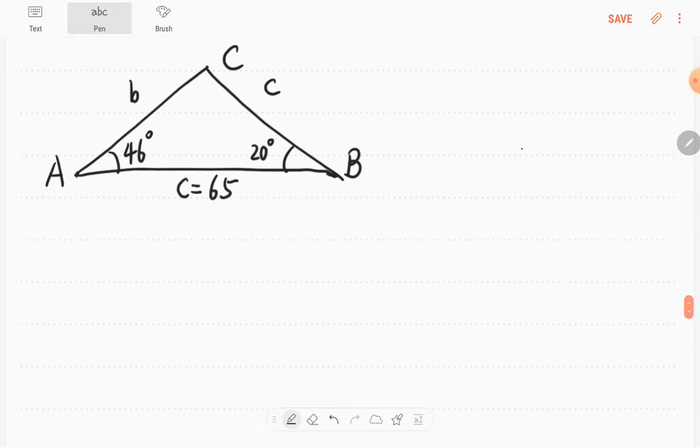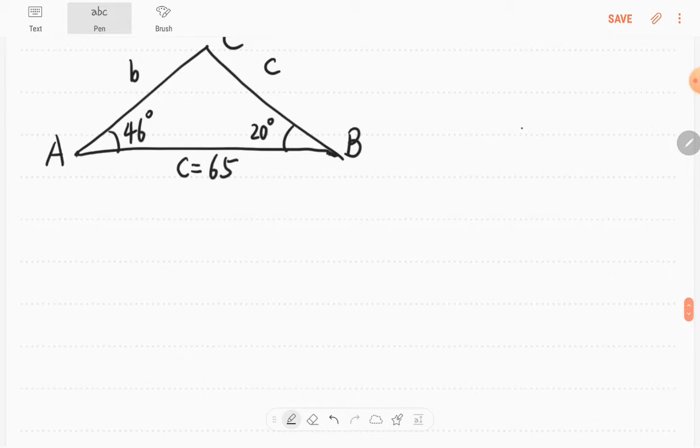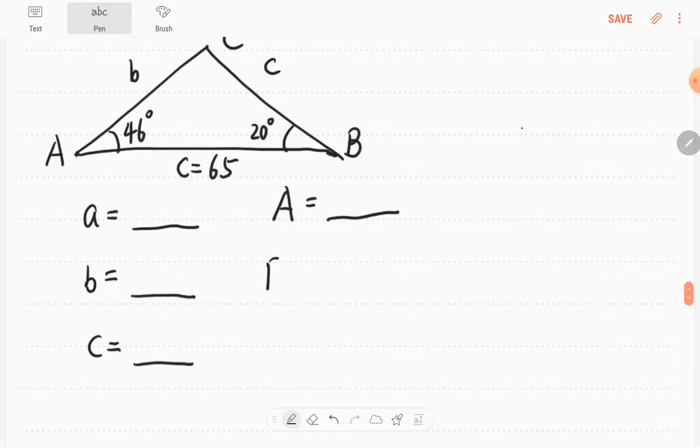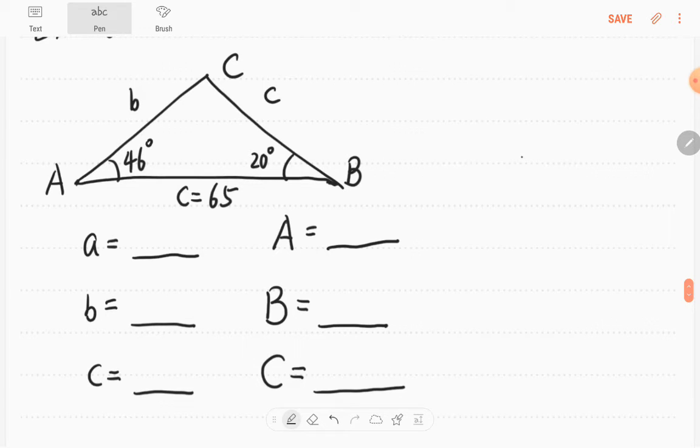Okay, so now we can draw the little chart. This is side A, side B, and side C. And angle A, angle B, and angle C. Okay, and we fill in the conditions we already know.